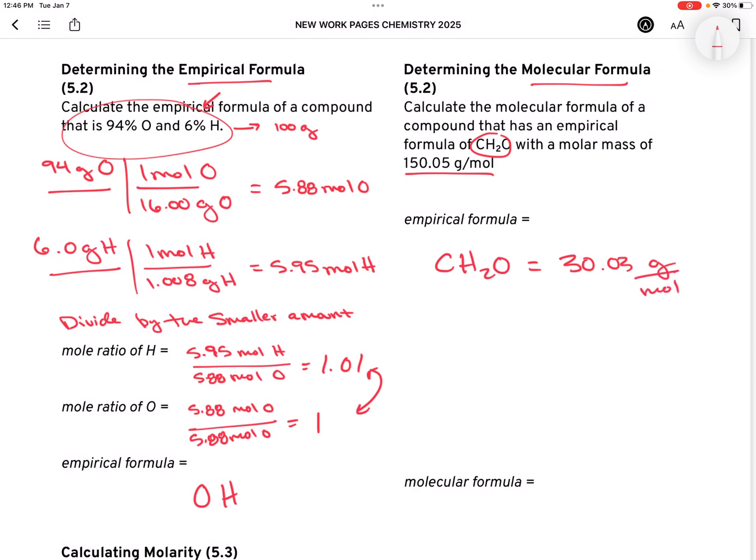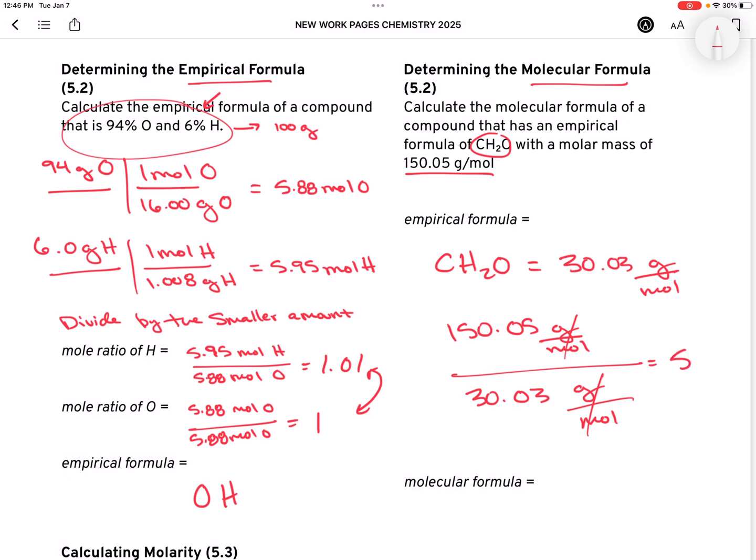And then what we have to do is compare that to what the actual molar mass is, 150.05 grams per mole. I'm going to divide that by 30.03 grams per mole, and you'll notice my units all cancel out from each other. If you look at 150 divided by 30, that gives us 5.